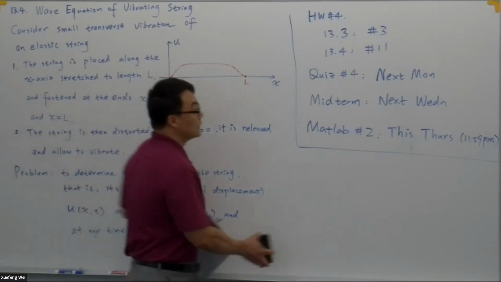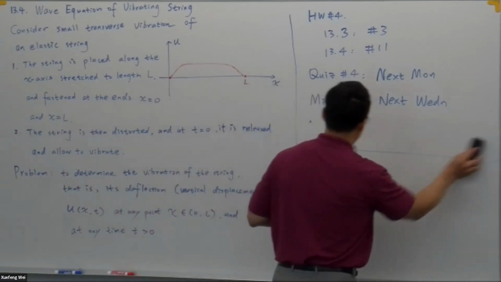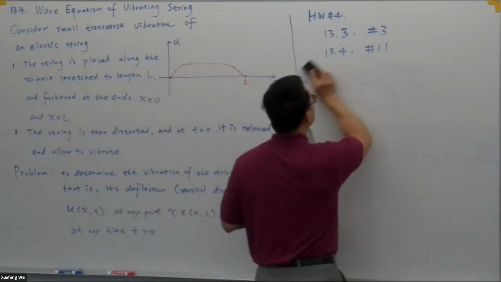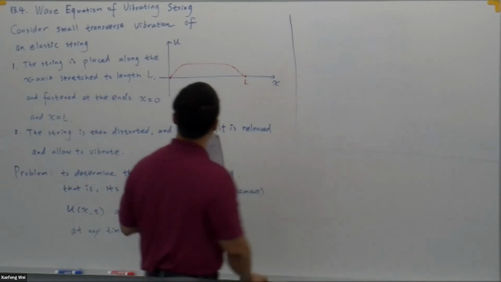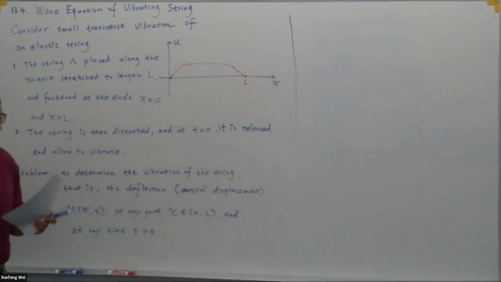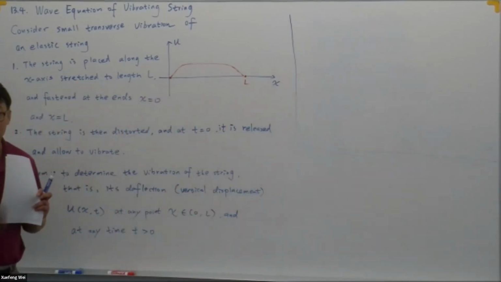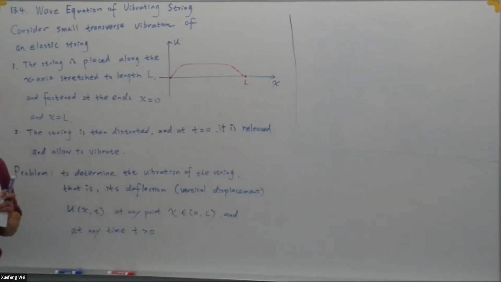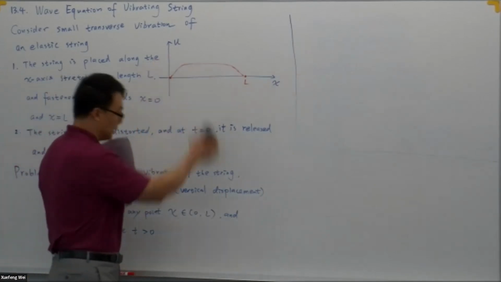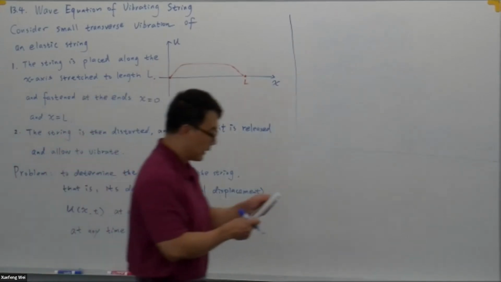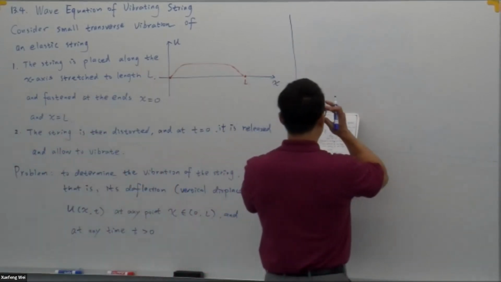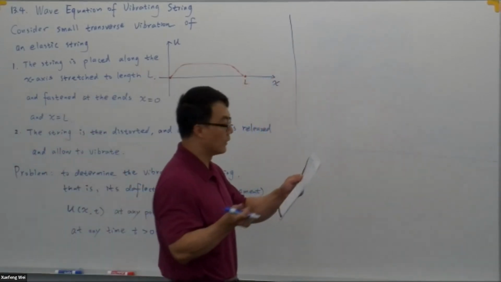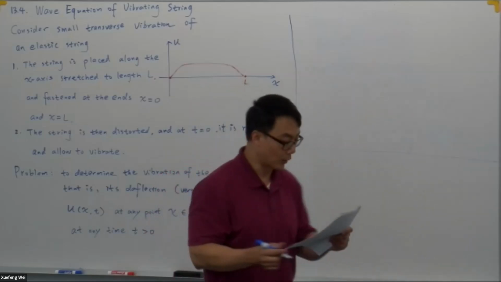So let's reduce this into mathematics. In this case, u is the vertical displacement, or the height. I'm not going to derive the wave equation. The book derived the wave equation.